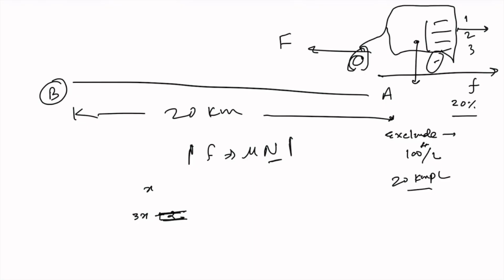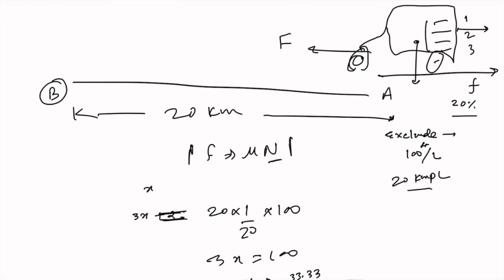So in 20 kilometers it will need 1 liter of petrol, and 1 liter of petrol has a price of 100 rupees. So 3x is equal to 100 rupees, and x will come to 33.33, which is roughly 34 rupees.